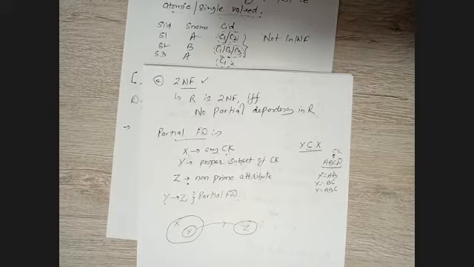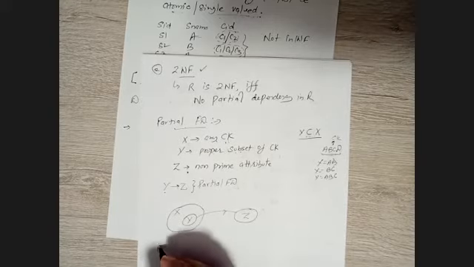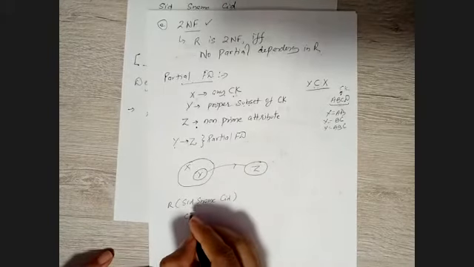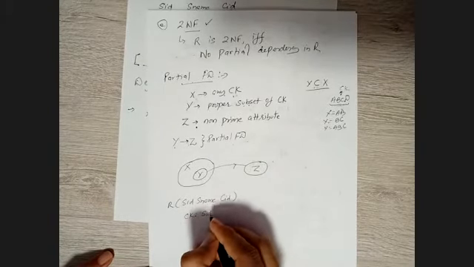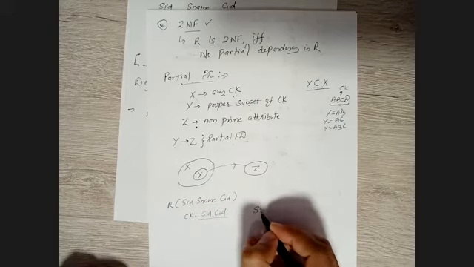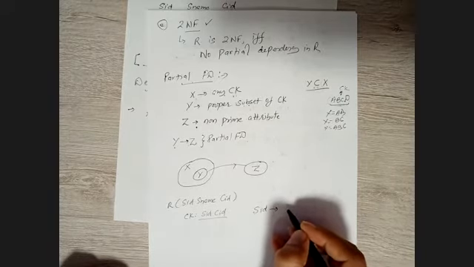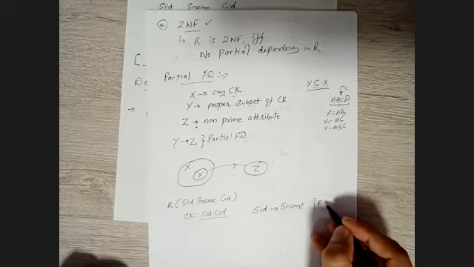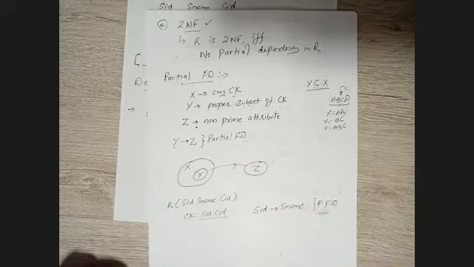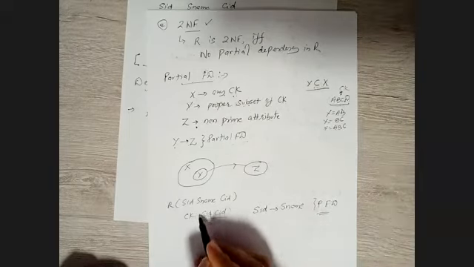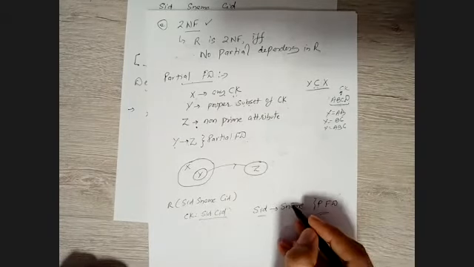For example, if I take relation table R, I have SID, S name, and CID. Say the candidate key here is SID and CID all together. If I write a functional dependency, for example SID determines S name, this is a partial functional dependency, because a part of the candidate key, that is a proper subset, is determining a non-prime attribute.